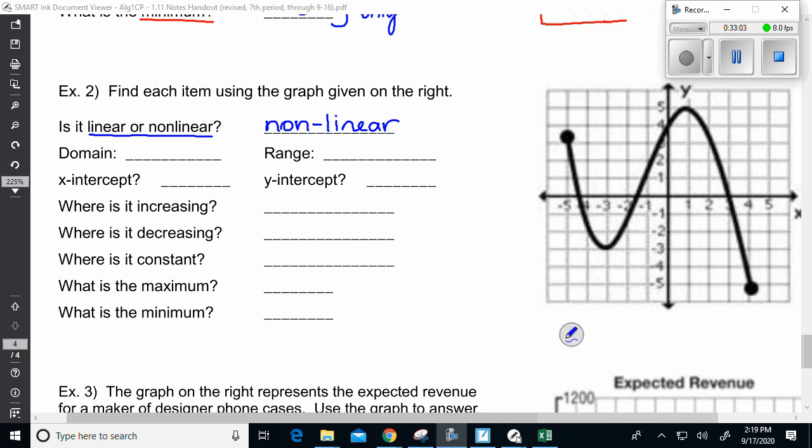So domain is left, right. What's the farthest to the left? How far to the left does the graph go? And how far to the right does it go? Just 4. So -5, 4.